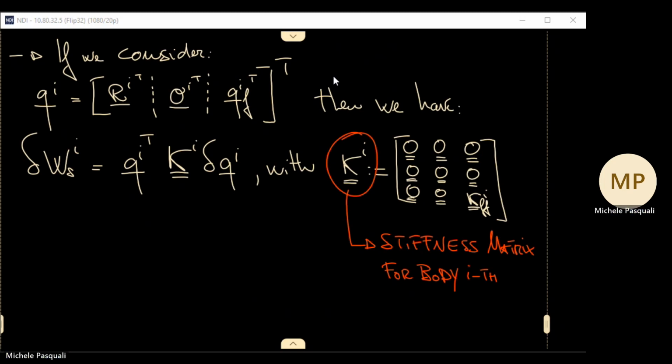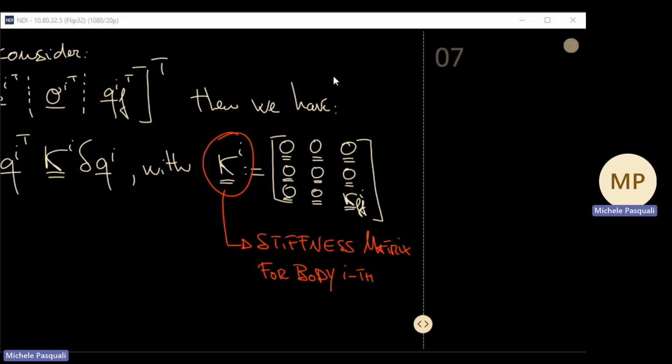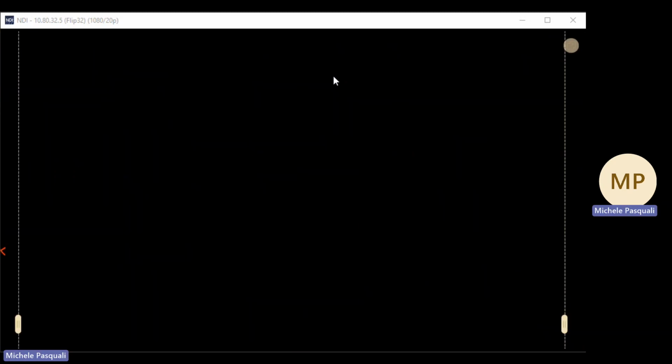All right, so let's dive into this. But before actually doing this, let's see if we can specify again all of the quantities that we have seen for the 2D case.